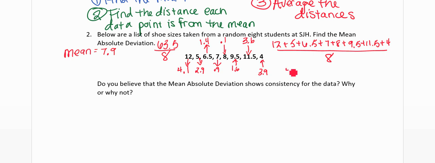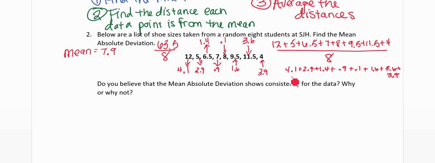So 4.1, 2.9, 1.4, 0.9, 0.1, 1.6, 3.6, and 3.9.